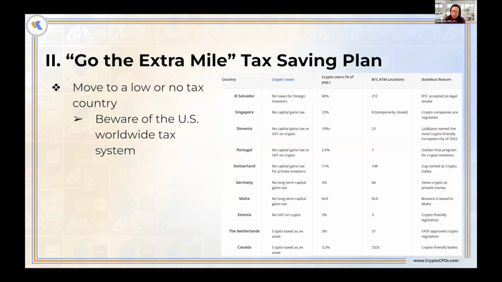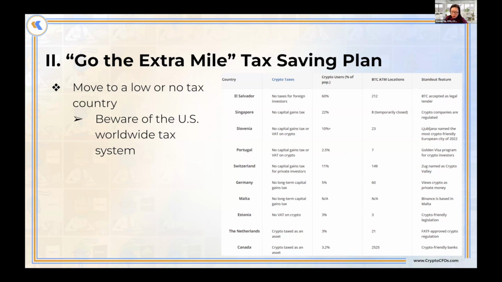Now, one thing we need to remember is you cannot just escape to a different country and think that, oh, I don't need to pay US tax anymore. Because the US has a worldwide tax system. If you are a US resident or citizen, even after you move to another country, you still need to pay US tax for your income and capital gains because of the worldwide tax regime.